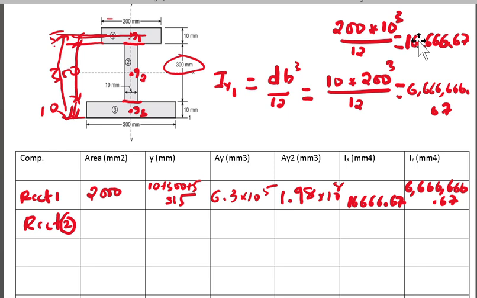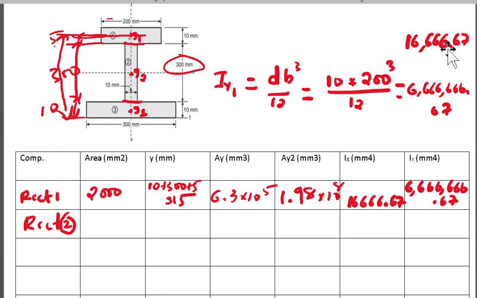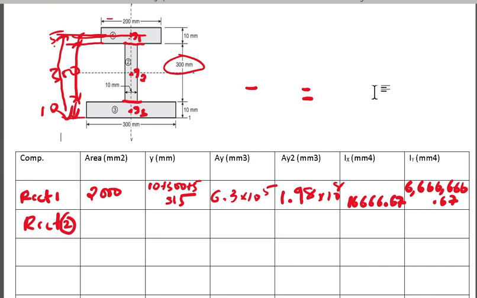Here the width of component 2 is 10 and its depth is 300. So this is component 2.